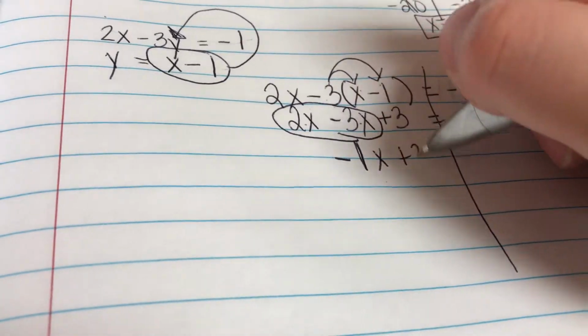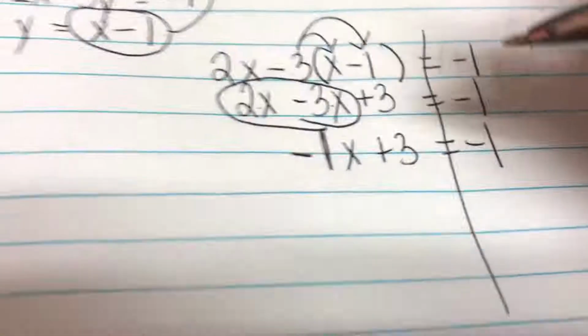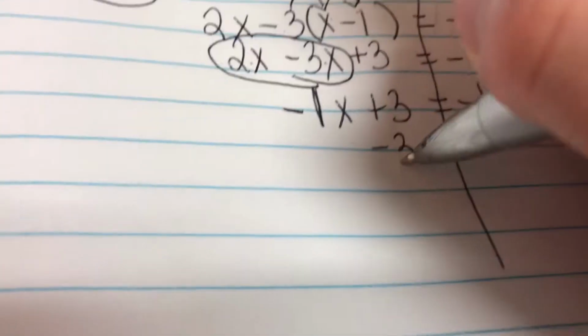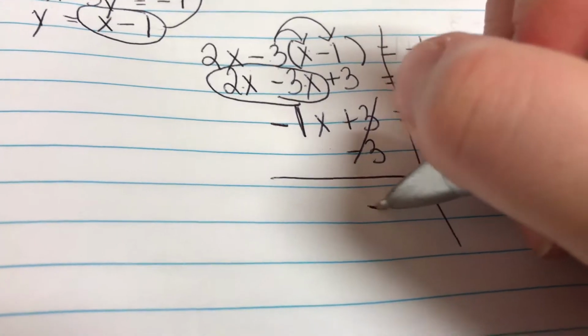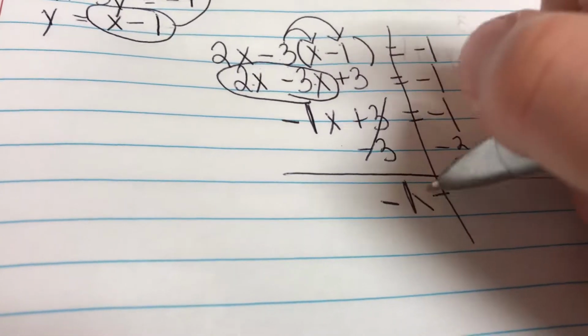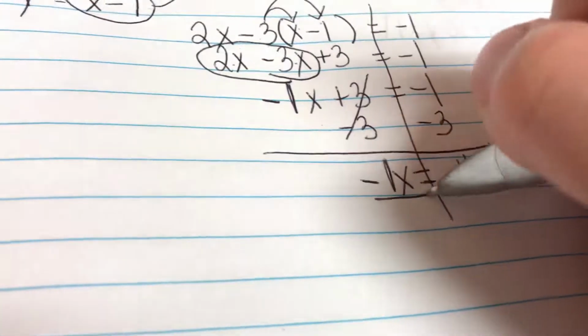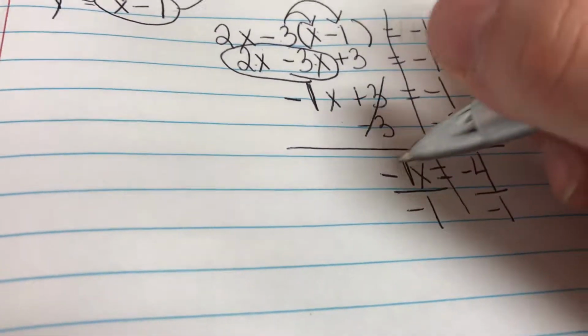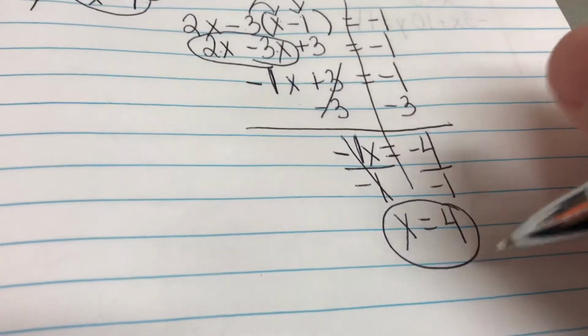Bring everything else down again. If you don't bring it down, it gets confusing. Now I'm trying to get x by itself, so I'm going to subtract 3 from both sides. Cancel those out. I'd be left with negative 1x equals negative 4. And I'm going to divide by negative 1 on both sides. So I'd be left with x equals a positive 4.